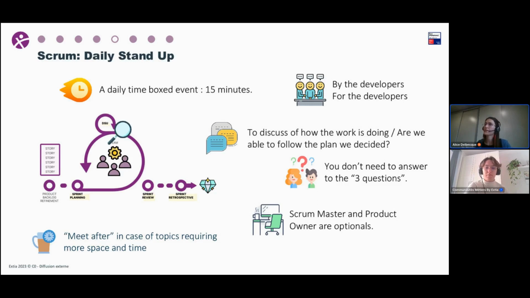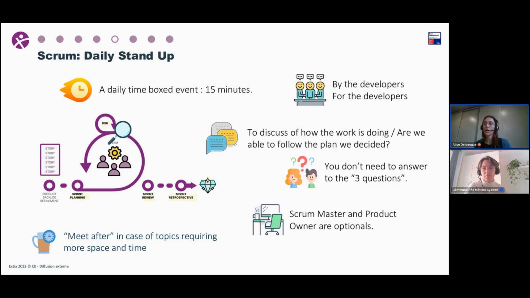And in this slide, I also put another piece of information. You don't need to answer the three questions. In some dailies, you have three questions: What did you do yesterday to reach the sprint goal? What will you do today to reach the sprint goal? And do you have any impediment that is blocking the sprint goal?